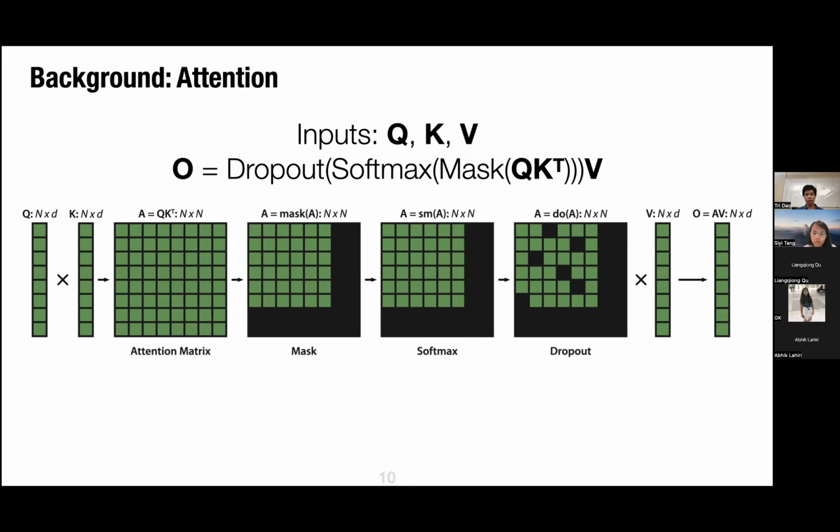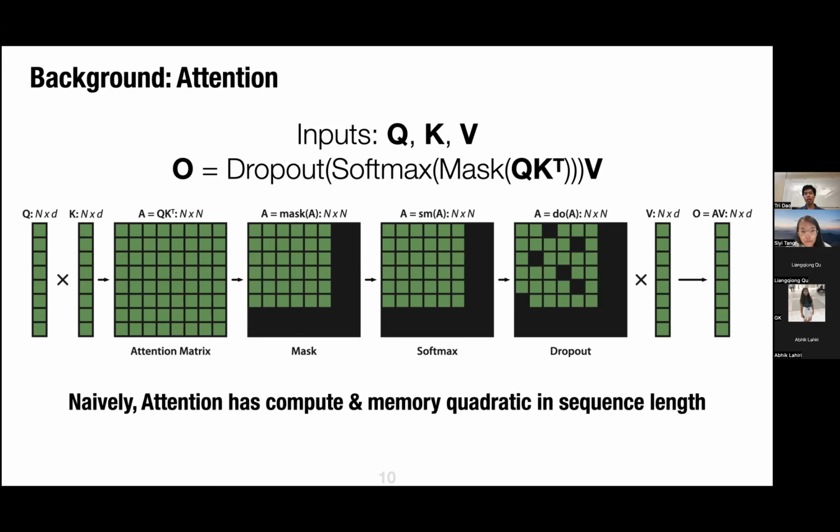The thing that prevents attention from scaling to long sequences is that naively, attention has compute and memory quadratic in sequence length. Here, sequence length I denote with N. The reason is simple: you have to deal with these big N by N matrices. You need N squared memory to store it and N squared compute to process it.